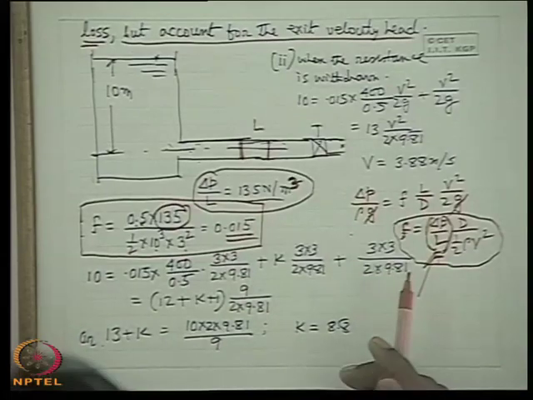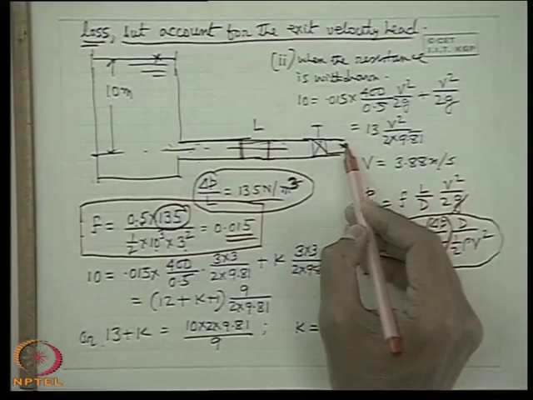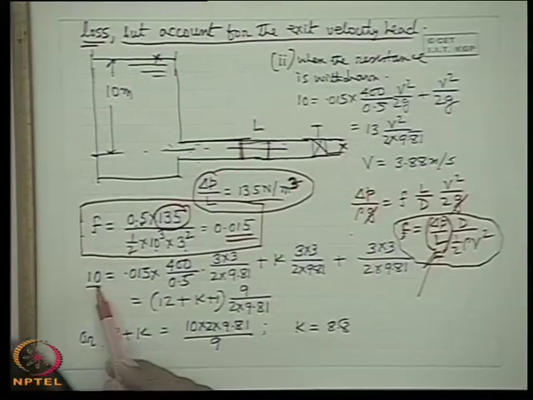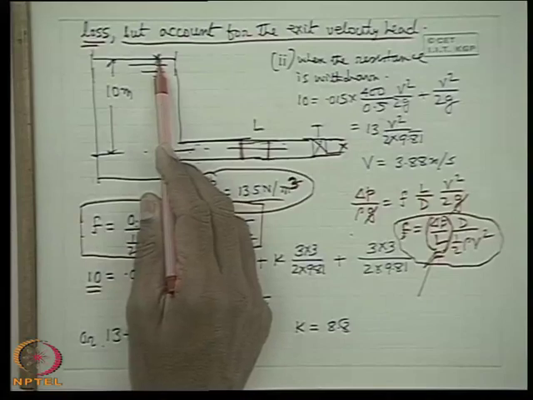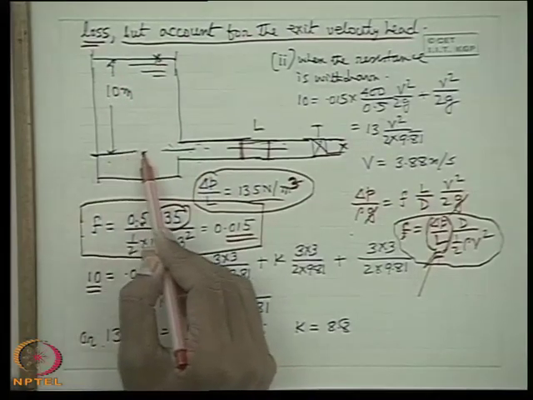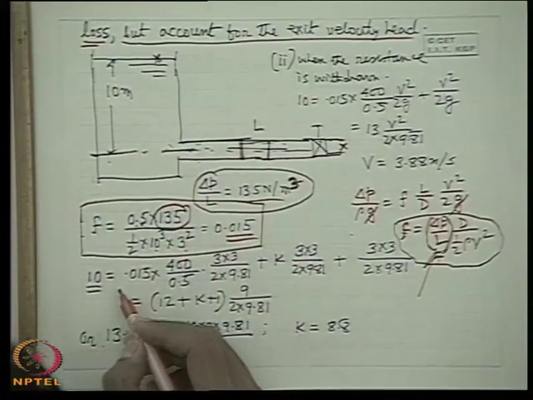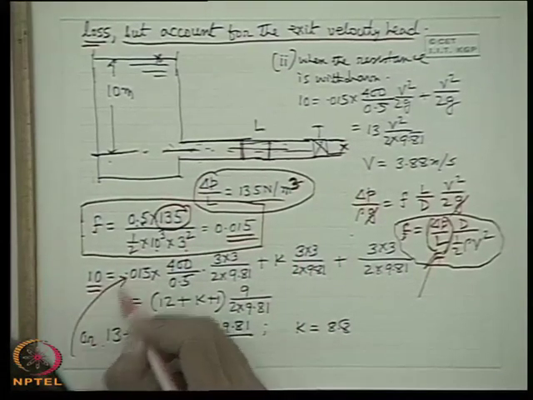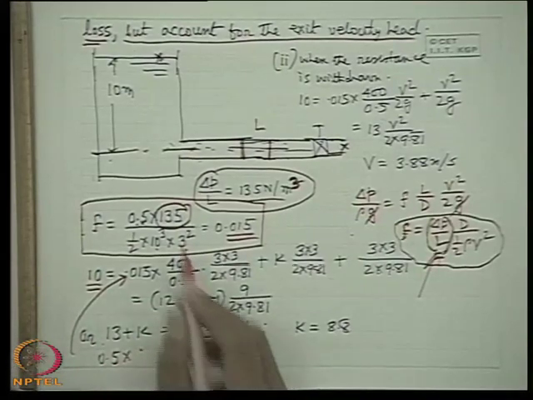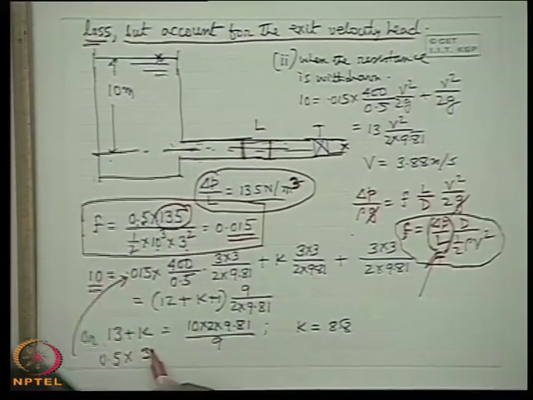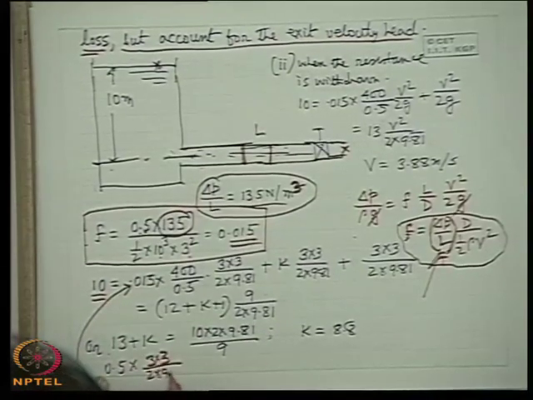Now the rest of the part is very simple. If I write Bernoulli's equation between this point and this point, we get the equation 10. In Bernoulli's equation, the pressure head is 0, the velocity head is 0, so 10. I take the center line as the datum. Of course, if entry loss is there, we will have to add 0.5 into V square by 2G, with V being 3, so 3 into 3 by 2 into 9.8.